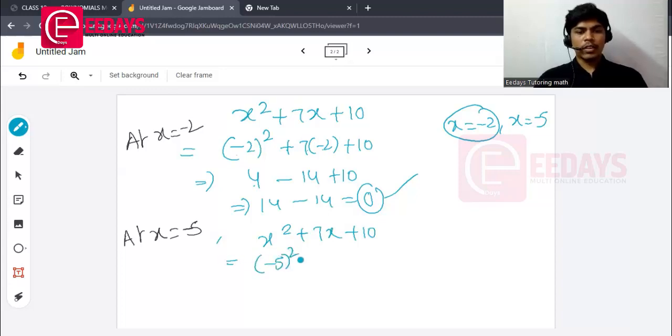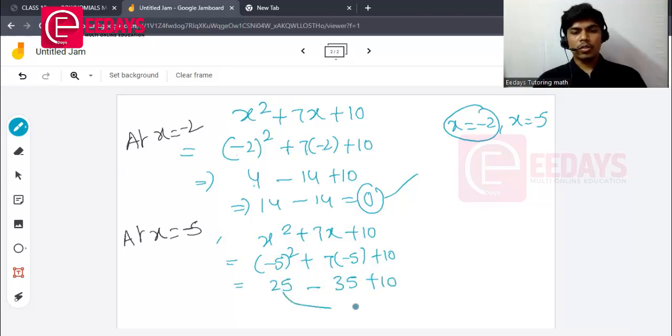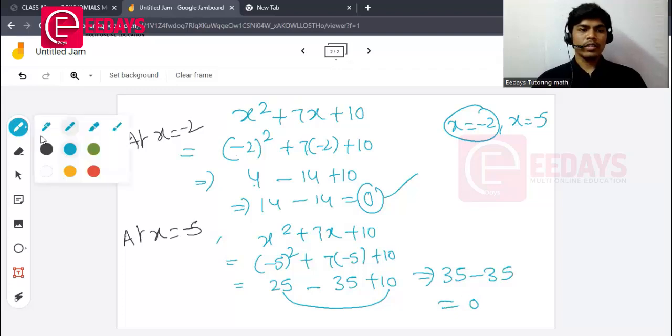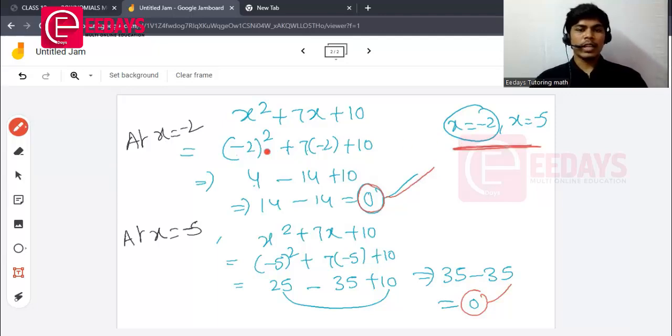So (-5) whole square, plus 7 into -5, plus 10. (-5) whole square is nothing but 25, minus 7 fives are 35, plus 10 here. So 25 plus 10 is 35, and minus 35 is already there. We are getting 0 here. If you are getting the remainder as 0, then this option is correct.